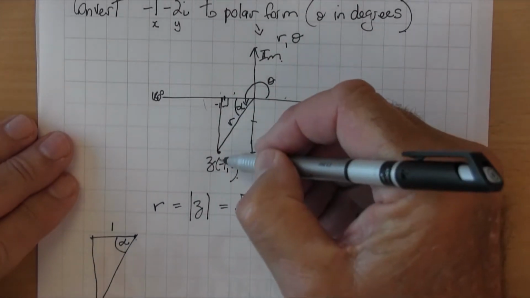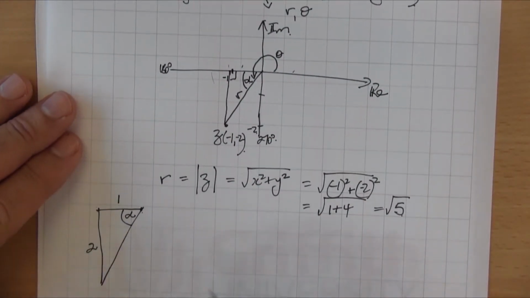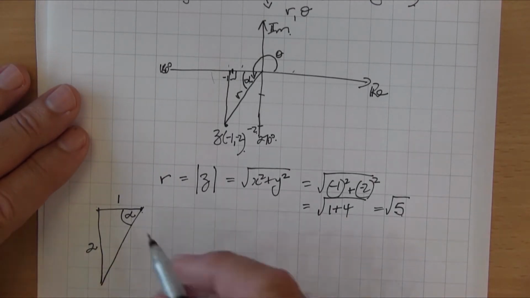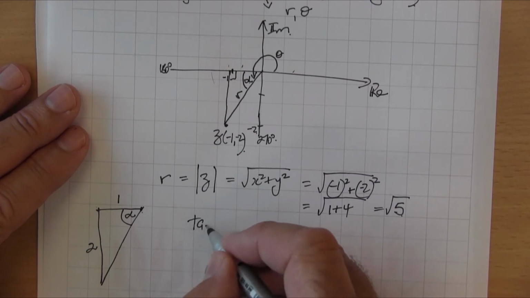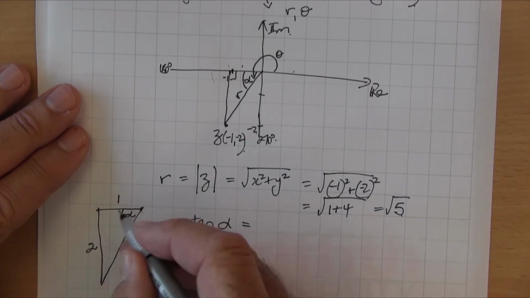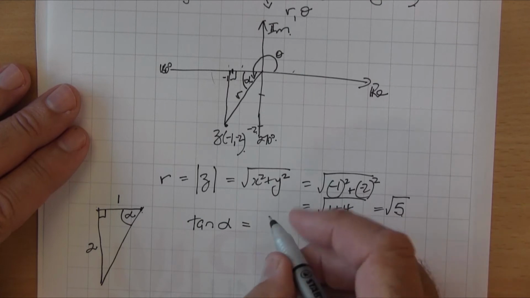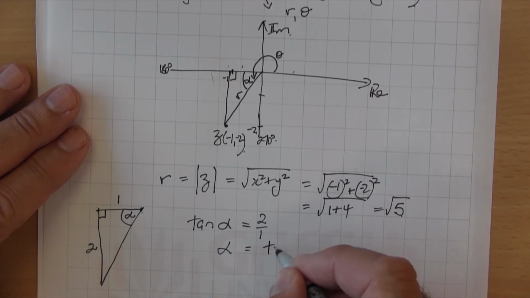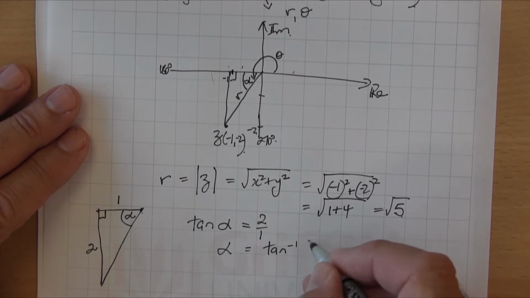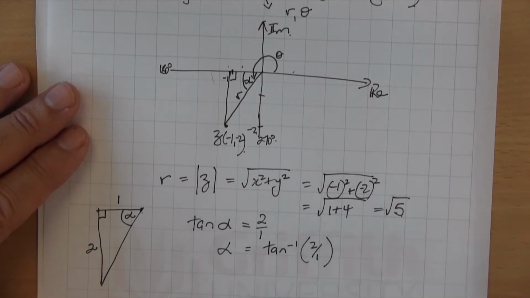And I know I've come down 2 units. So once again, disregard the sign. So to find out alpha, we know that the tan of alpha is opposite over adjacent. So that's 2 on 1. So alpha is the angle whose tan is 2 on 1, or just 2.